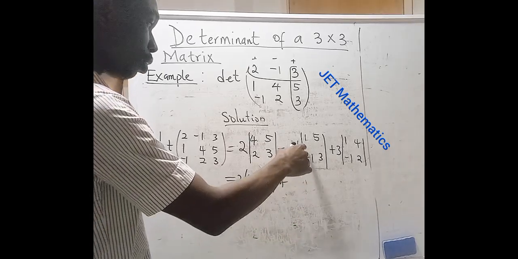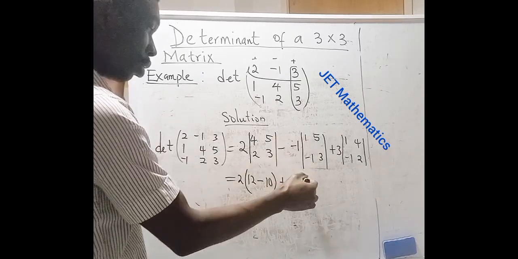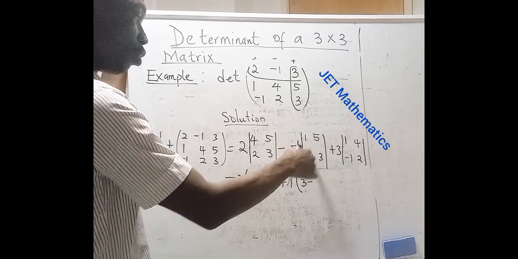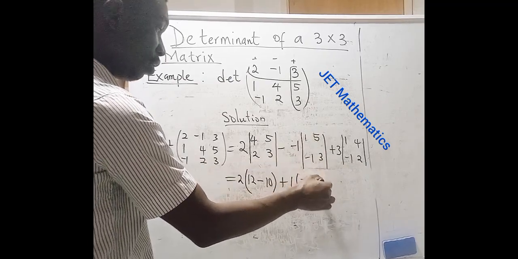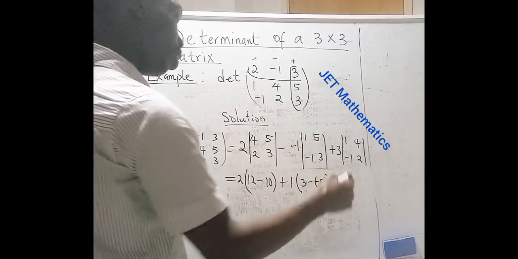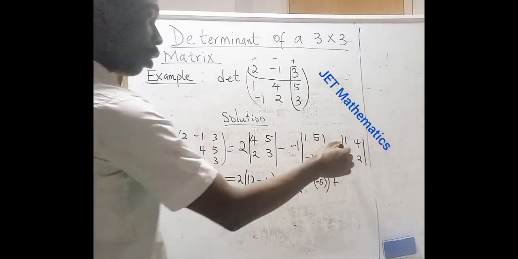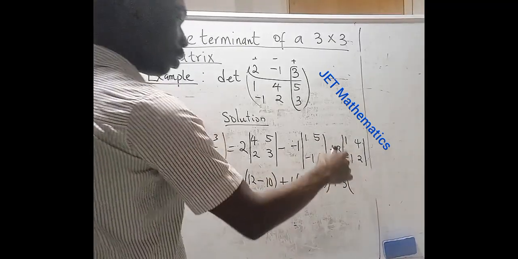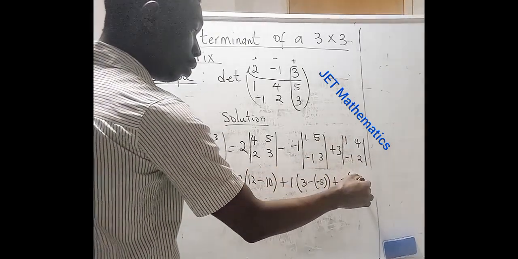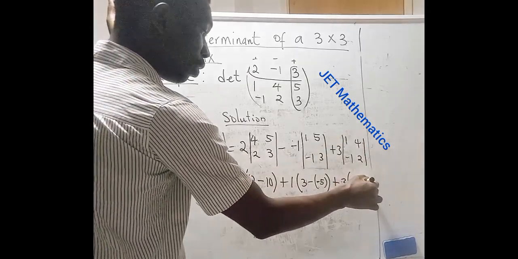Okay, then we have 1 into, we do 3 times 1, 3, minus 1 times 5 is minus 5, plus. Here we have 3, and then you do 2 times 1 is 2, minus 1 times 4, you have minus 4.